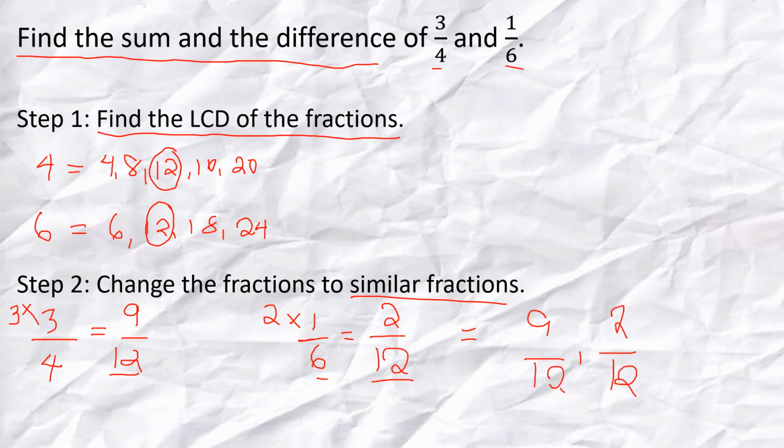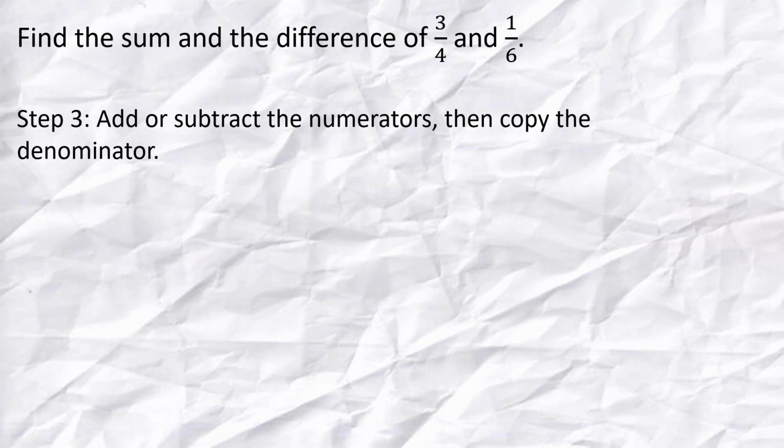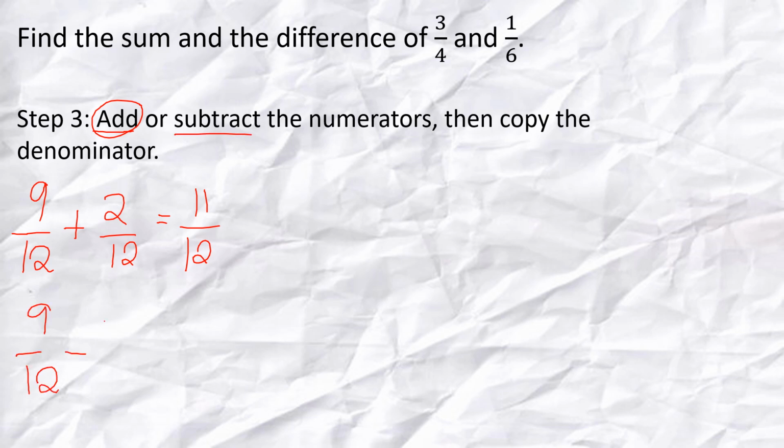Let us now proceed with step 3. Let us now perform the given operation. Let's start with addition. It says add or subtract the numerators, then copy the denominator. So we will perform first addition. 9 over 12 plus 2 over 12, we have 11 over 12. Next, subtraction. 9 over 12 minus 2 over 12, that is 7 over 12.